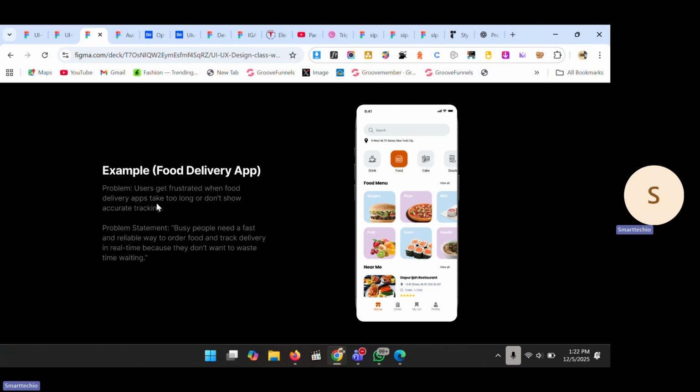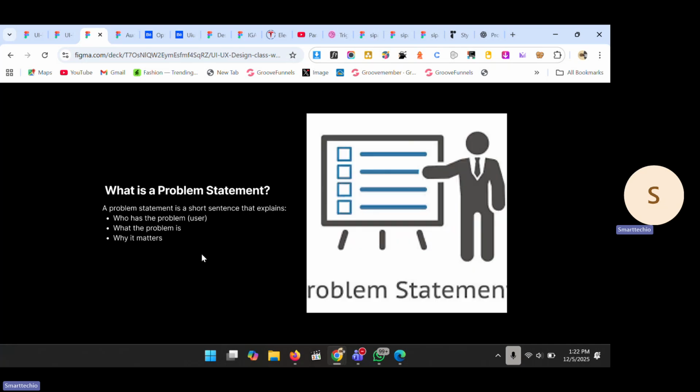Once you do not have a tracker, you can create a problem statement whereby busy people need a fast and reliable way to order food and track delivery in real time because they don't want to waste time waiting. Let's proceed.